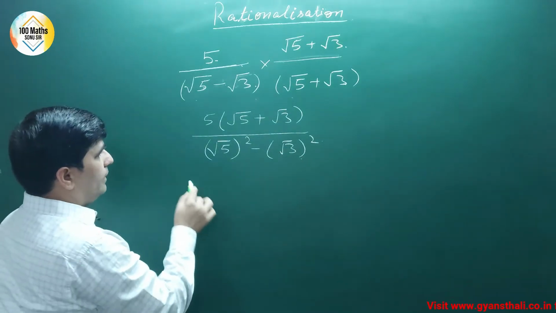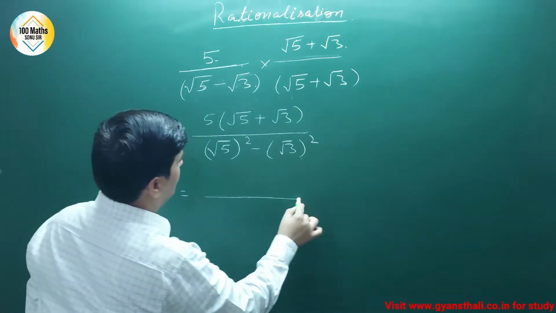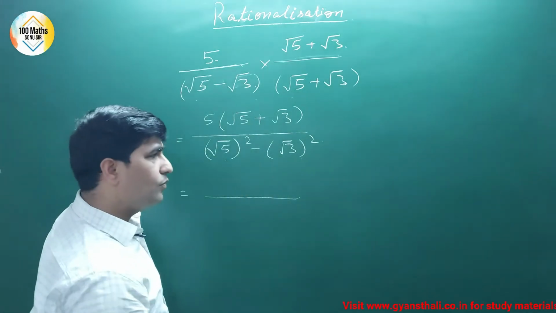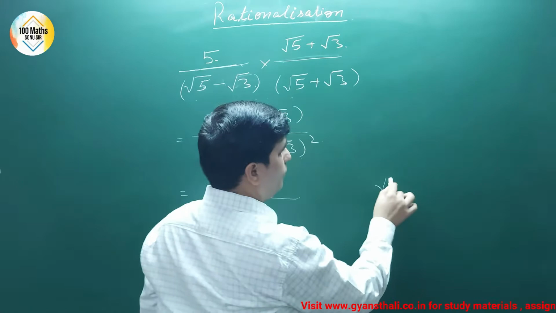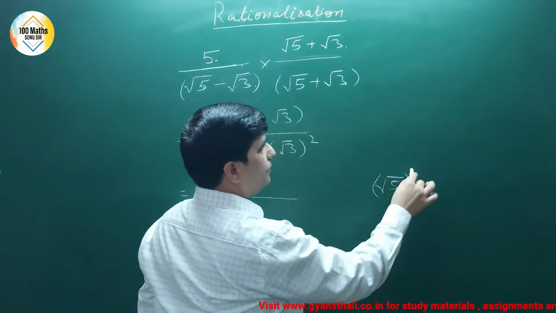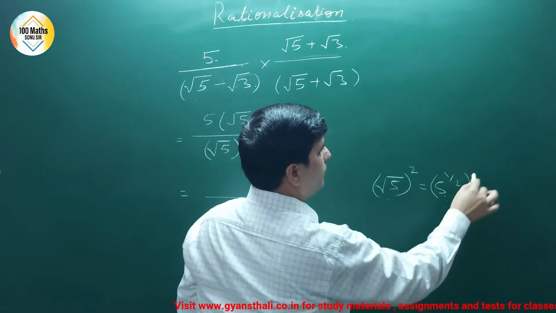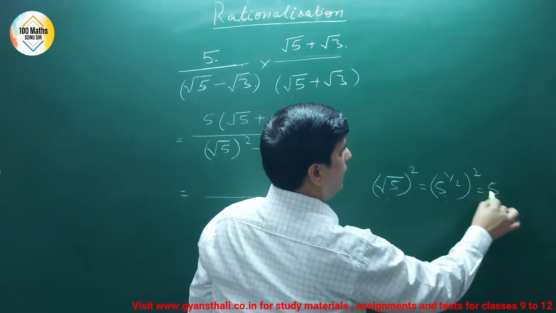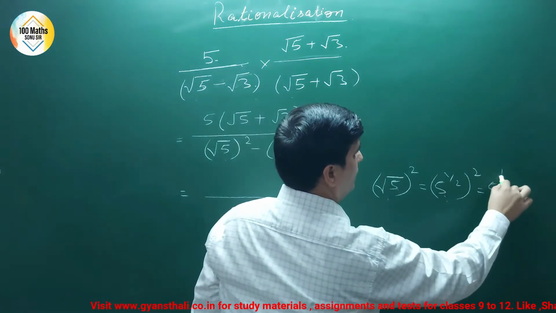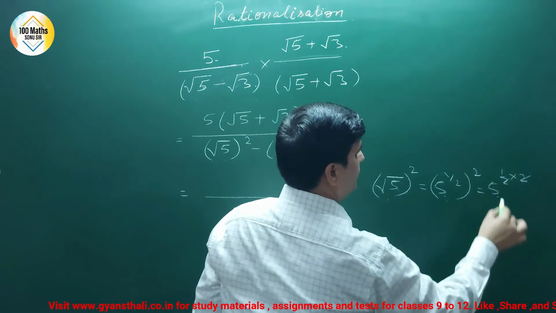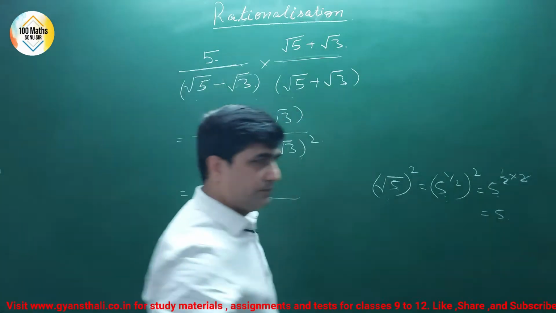So in the denominator, root 5 square is coming. Root 5 square, you all know, will be how much? Root 5 means 5 raised to power half and then power 2. So half and 2 will cancel each other when they come in multiplication. So this is 5 only.